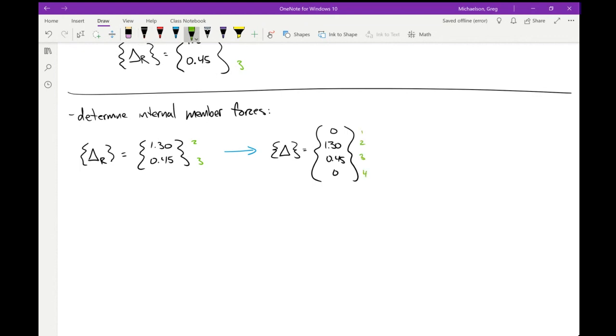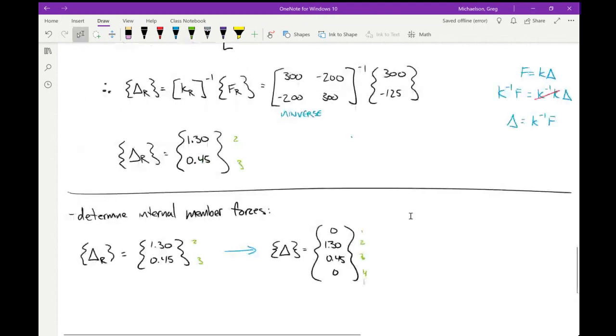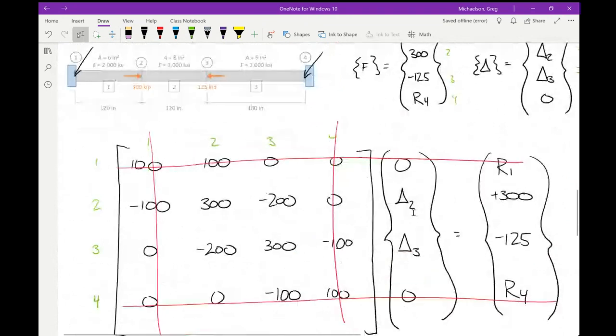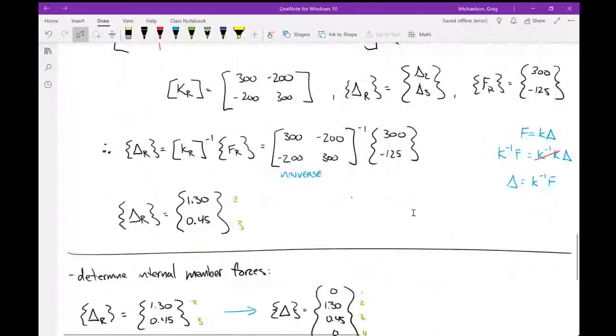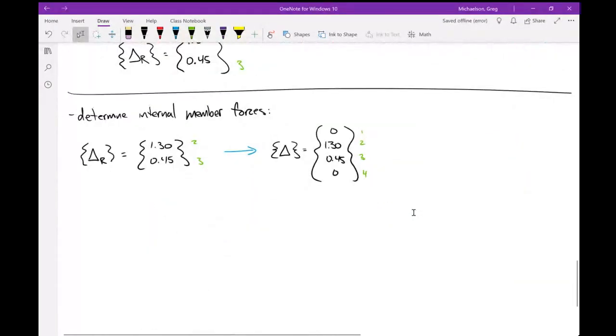So the big delta, remember, if you scroll back up here, I had already written that up here. I'm just rewriting it with the whole system. Now what I'm going to do is take this and break it up as follows.